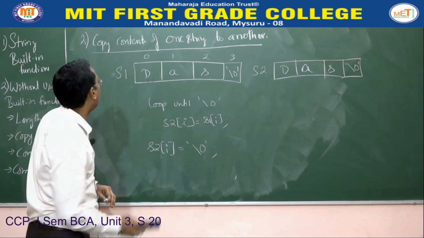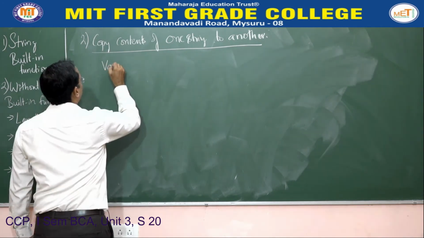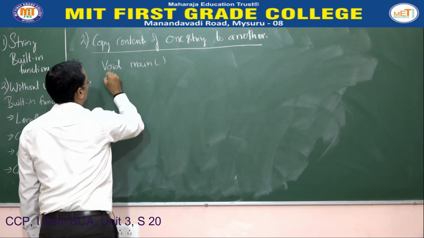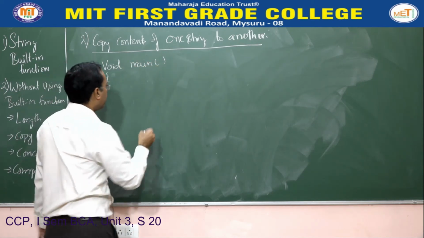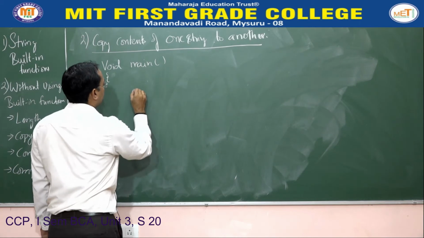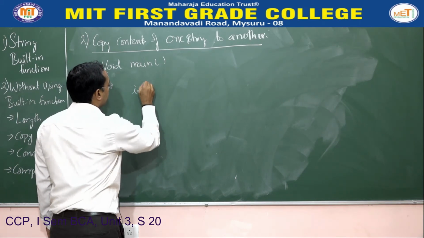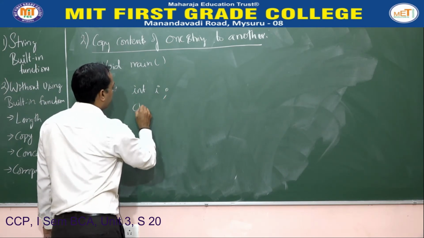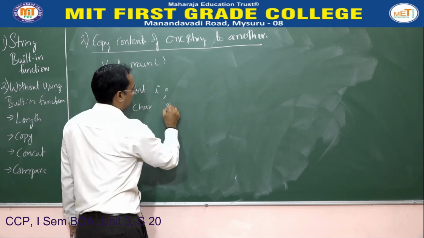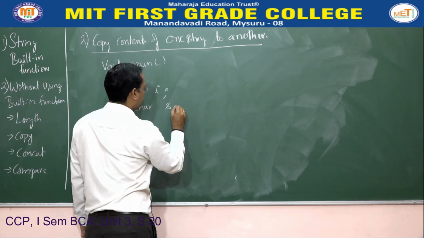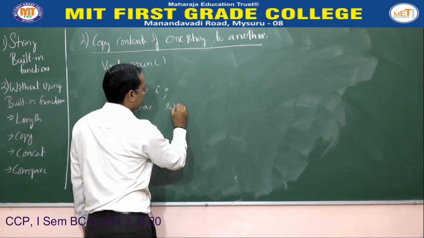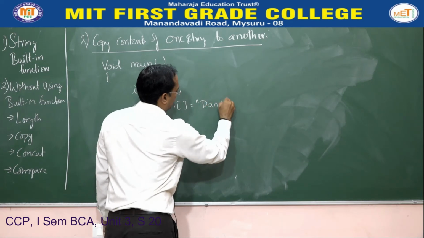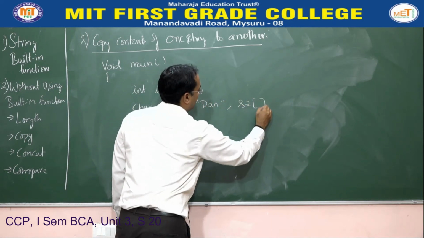Now we'll write the program for this. Void main. I'm not writing the preprocessor directives. Declare integer variable i to keep track of the loop control variable. Declare the character variables, string variables S1 and S2.